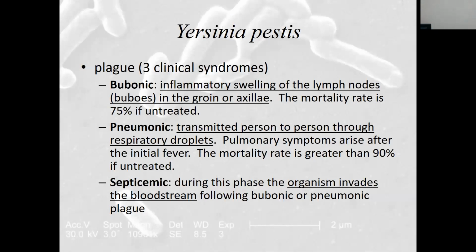Bubonic is inflammation and swelling of the lymph nodes, mainly in the groin area or under your arms, with 75% mortality if untreated. Pneumonic is transmitted person to person through respiratory droplets, rising after the initial fever, with 90% mortality if untreated. And septicemic is when the organism invades the blood, following the bubonic or the pneumonic plague. So we have three different clinical syndromes with Yersinia pestis.